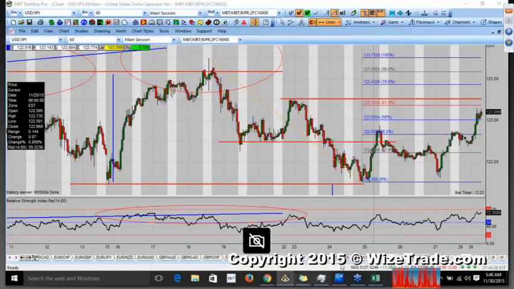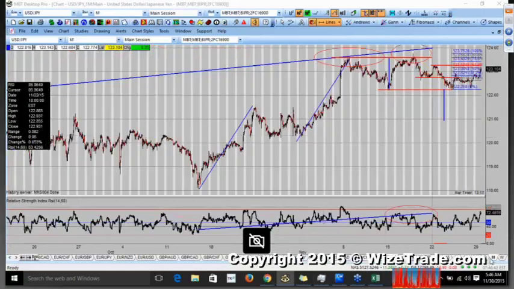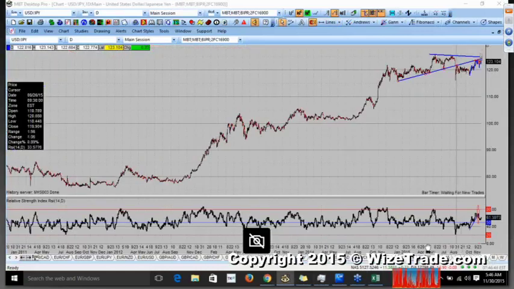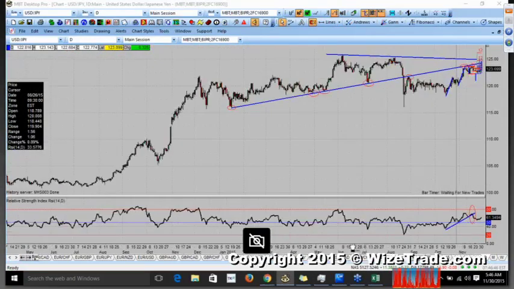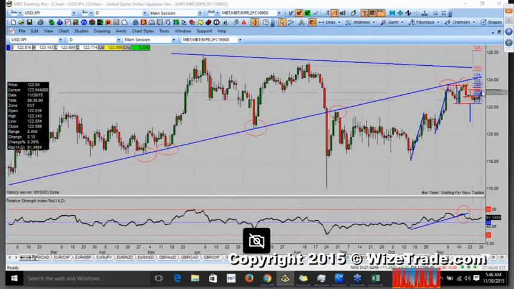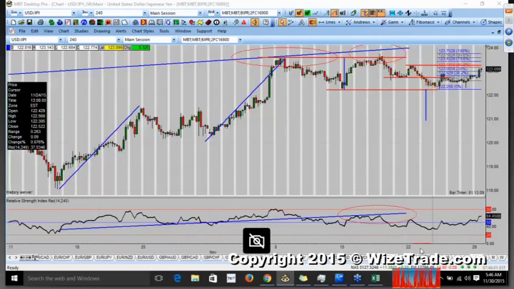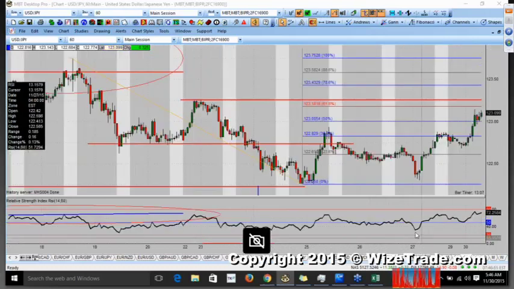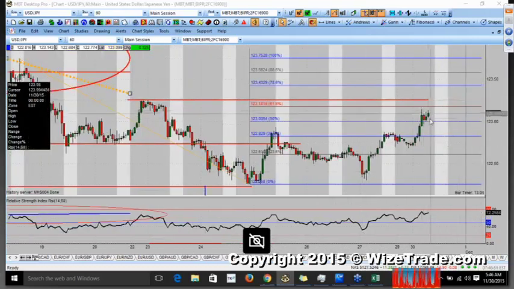We're still in a range. We've been in a range for a long time. Go out to the daily chart, you can see big ranges here. Resistance is going to be up here. Support's going to be right back down here at the breakout point. You have 123 right here, but I would say probably close to this one, because you only have wicks up here.